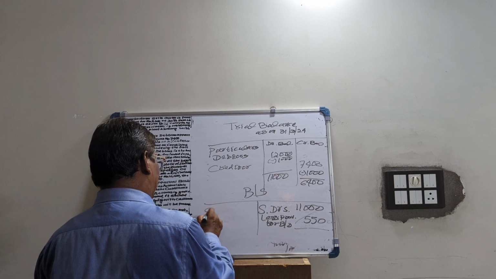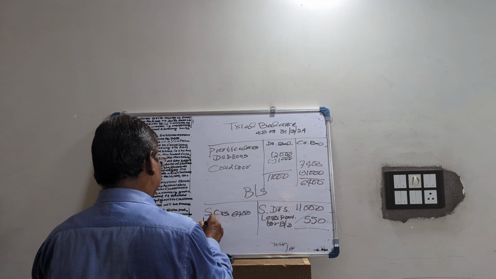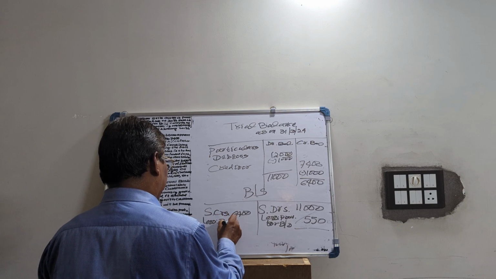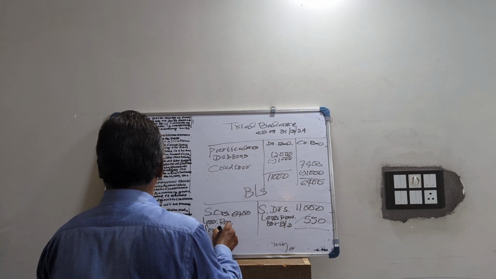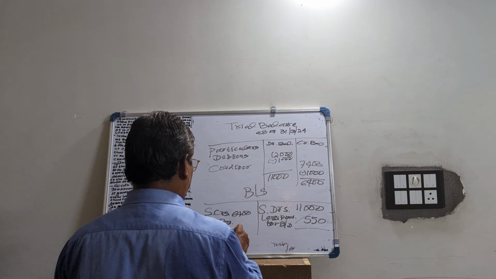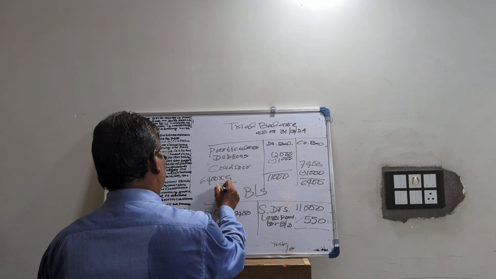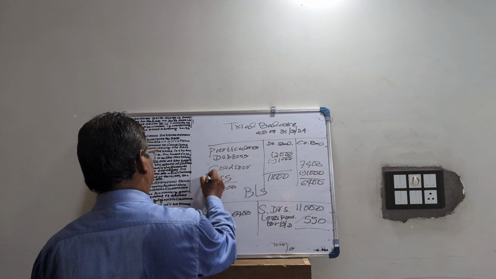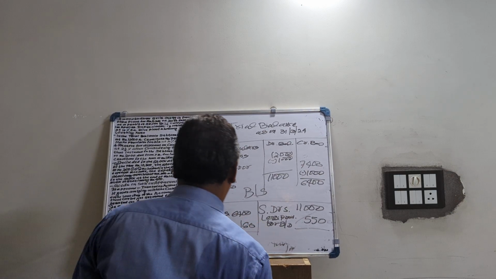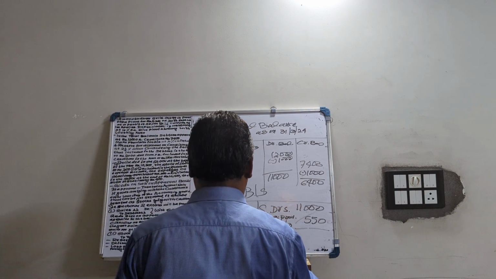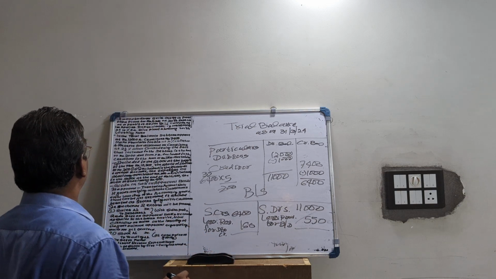Then on the liability side is sundry creditors. Sundry creditors will be 6,400 less reserve for discount on creditors. This is 2.5%, which means 5 by 200. So 6,400 into 5 by 200. So it is 32 into 5, 160. So 160 will be deducted from sundry creditors, and on the profit and loss credit side it is shown as reserve for discount on creditors, 160.